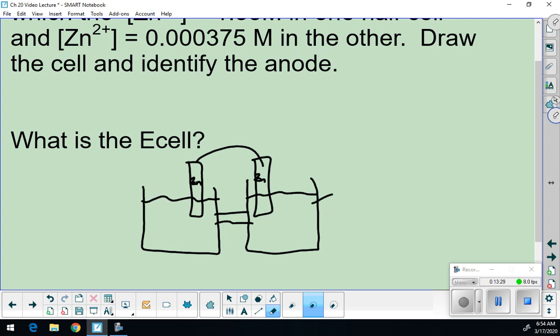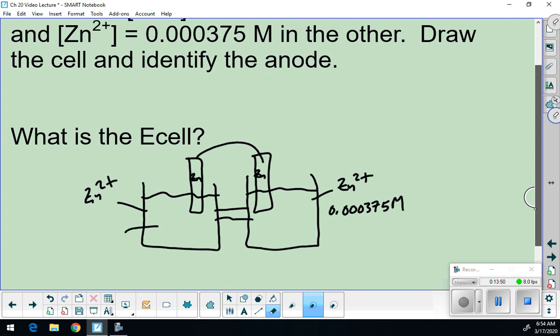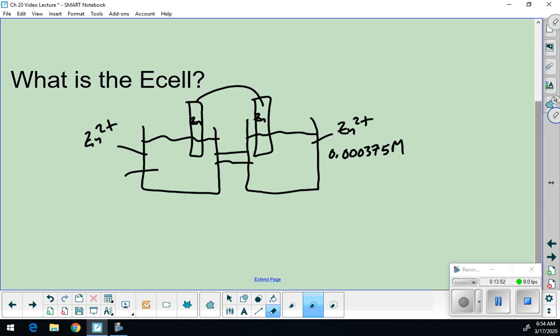So here I have zinc solution, and here I have zinc solution, and do you guys care which is which? Let's say that this is 0.000375 molar, and over here is 1.35 molar.